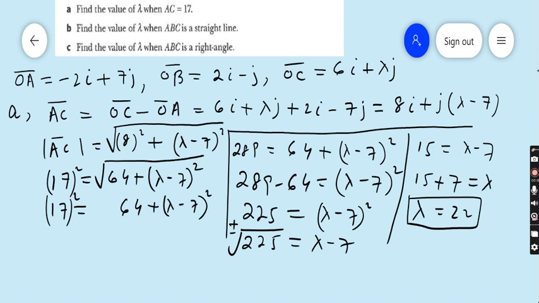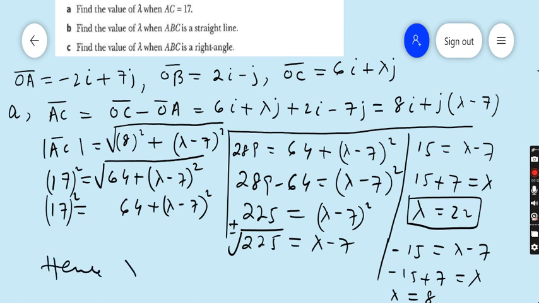So plus minus root 225, one is plus 15 and the next is minus 15, equals lambda minus 7. So minus 15 plus 7 equals lambda, and lambda is minus 8. Hence lambda is equal to 22 or minus 8, because minus 15 plus 7 is minus 8, taking the sign of the bigger number. So students, this is the answer of part A, and this question is very important.